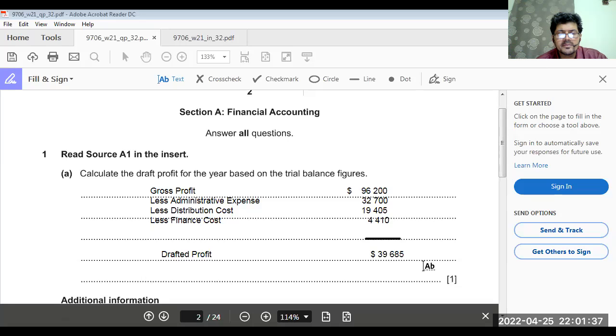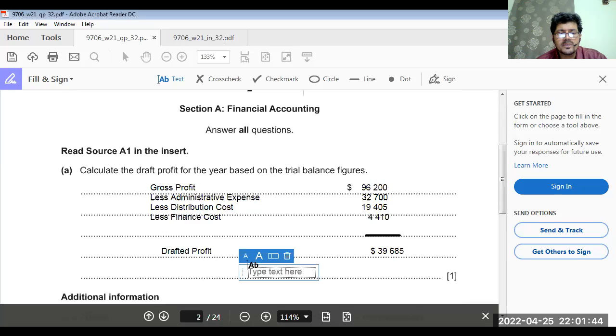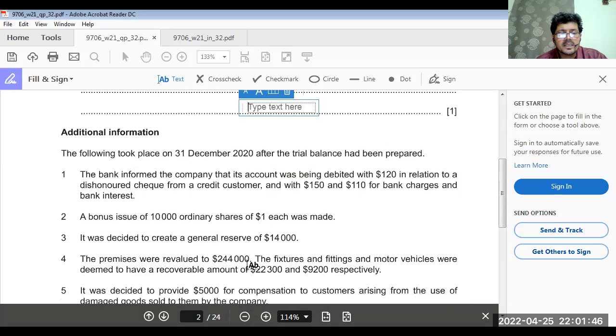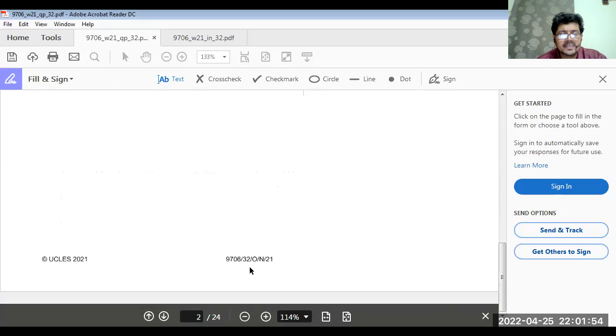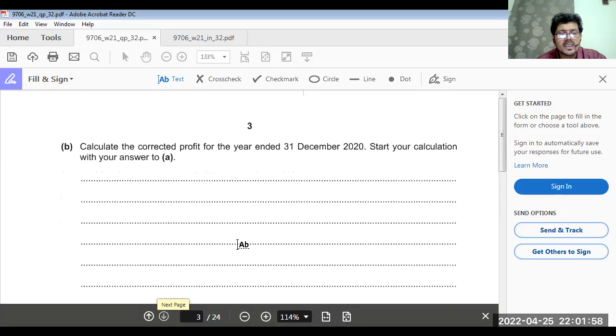Now, class, after this drafted profit, the following took place on December 31st, 2020 after the trial balance had been prepared. These are the additional information available. What we have to do next? Calculate the corrected profit for the year ended 31st December 2020.